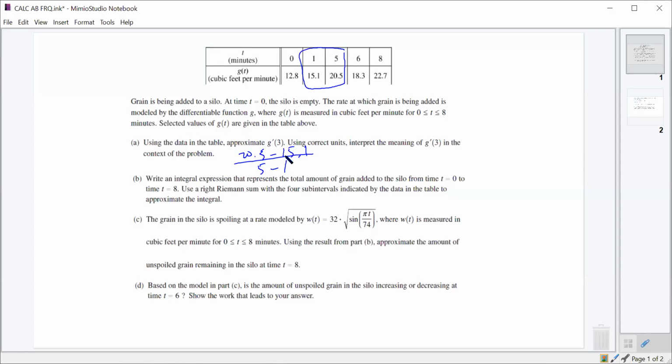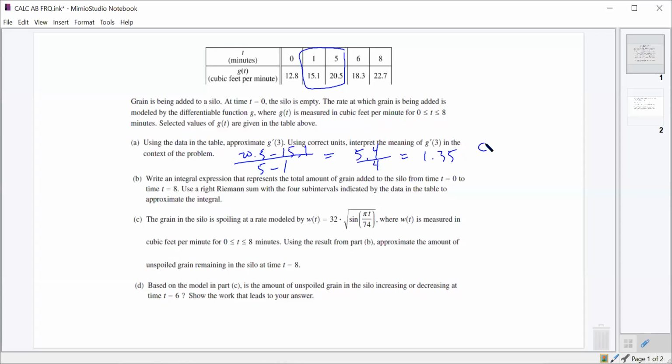So 20.5 minus 15.1 over 5 minus 1, which ought to be 5.4 over 4, which is 1.35. And we had cubic feet per minute, and then differentiated with respect to t, so per minute.